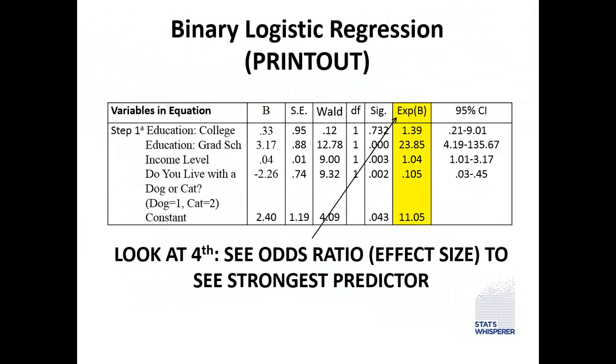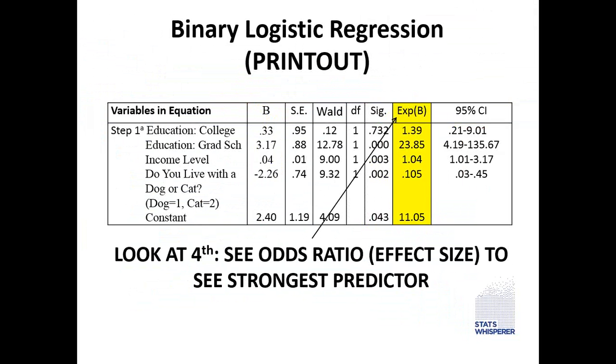Now here's the really interesting part. The EXP, the exponent of beta, in other words the odds ratio. This is what we've been waiting to see. We don't consider the first odds ratio, the 1.39, because it's statistically not significant. Now, the next one is a little unbelievable.